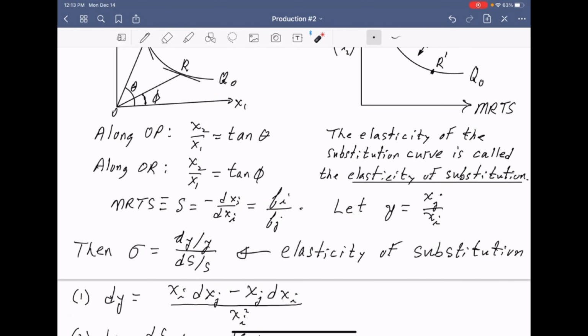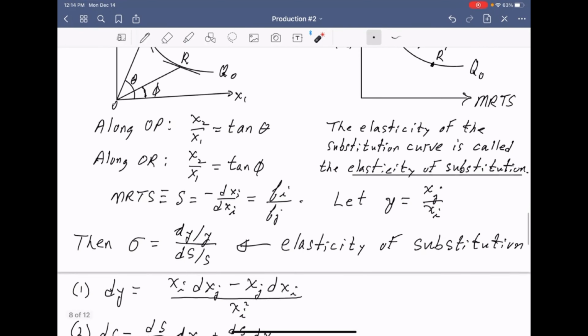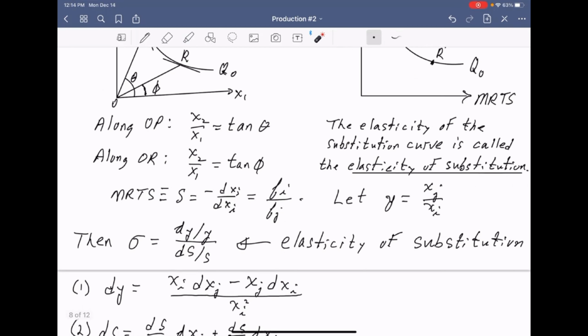The marginal rate of technical substitution, we call that S, or we define it to be equal to S, and it's equal to minus, and instead of x1 and x2, we'll use xi on the horizontal axis and xj on the vertical axis. And we then have that the marginal rate of technical substitution S is equal to minus dxj over dxi. So the total derivative of xj divided by the total derivative of xi, which is equal to the ratio of marginal product of i over the marginal product of j.